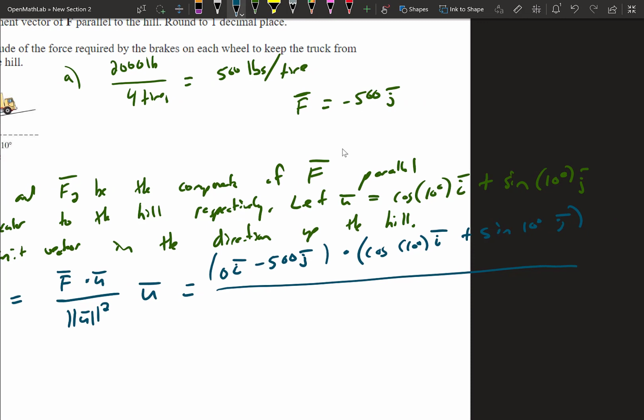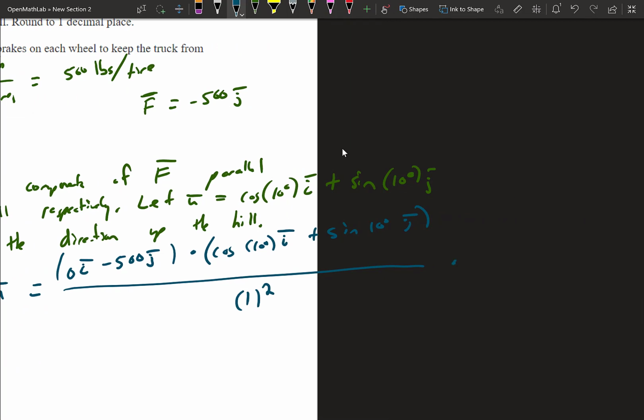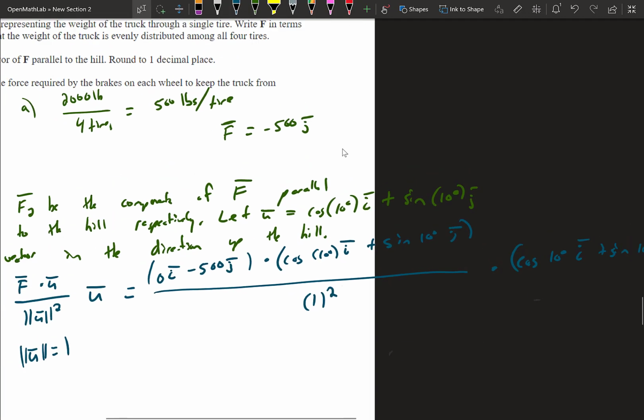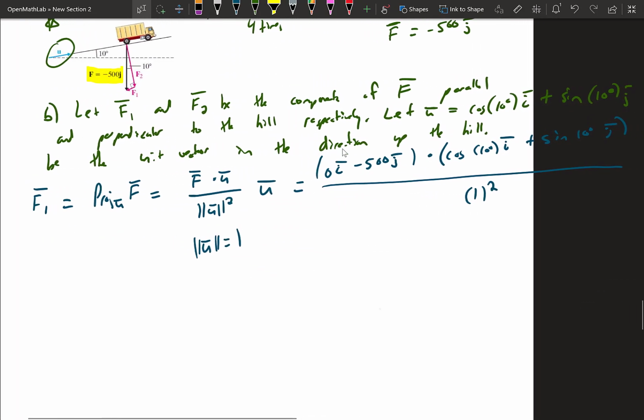But since u is a unit vector, the modulus of u is just equal to 1, so this would be 1 squared, and then times vector u, which is cosine of 10 degrees i plus sine of 10 degrees j. When I'm saying times there, I mean the dot product.